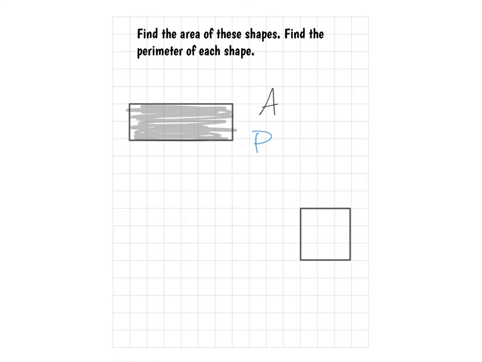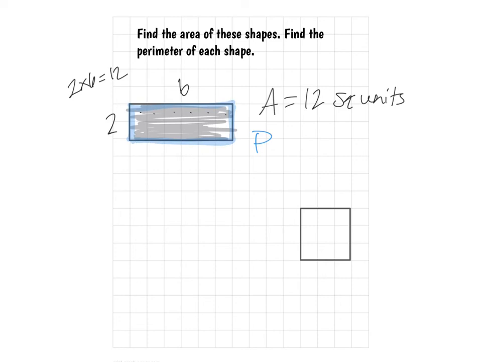And so to find the area, I know I have 2 on this side, I have 6 on top, 1, 2, 3, 4, 5, 6. So I do 2 times 6 is equal to 12, so my area is equal to 12 square units.